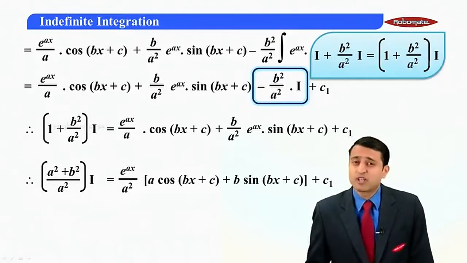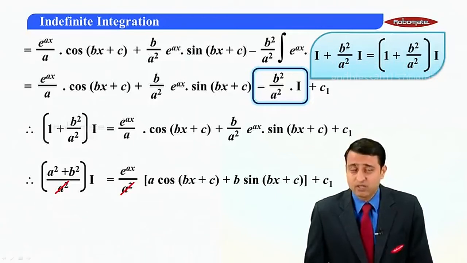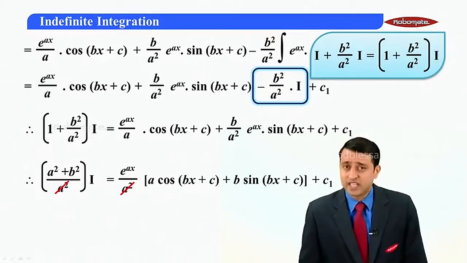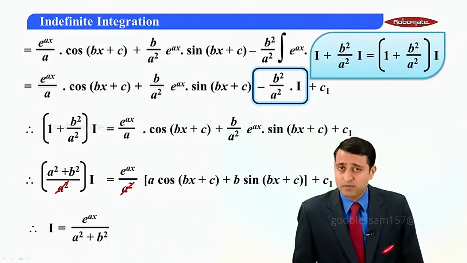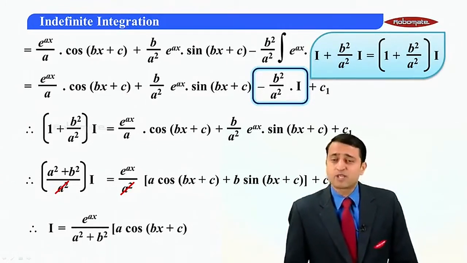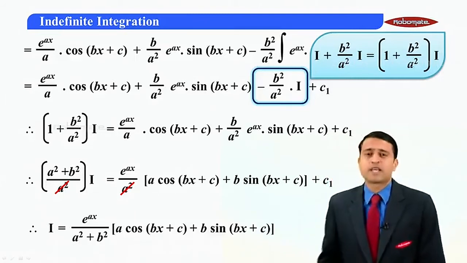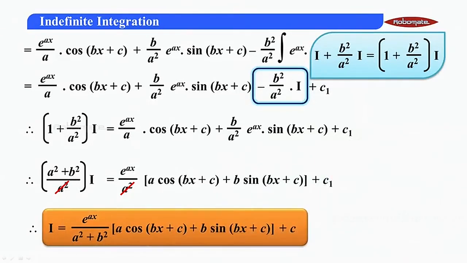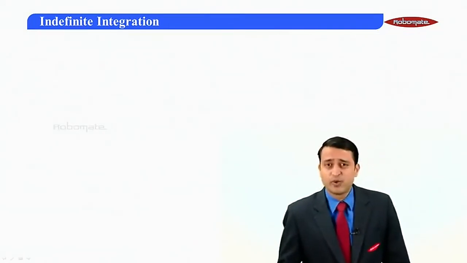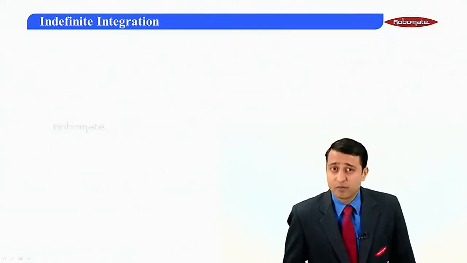Now a square on the left and the right get cancelled out, so we can say that I is equal to e raised to ax upon a square plus b square into brackets a cos bx plus c plus b sin bx plus c plus c, where c is nothing but c1 upon a square plus b square, and this is our final answer. Now my dear students, what we need to do is remember this as a formula.